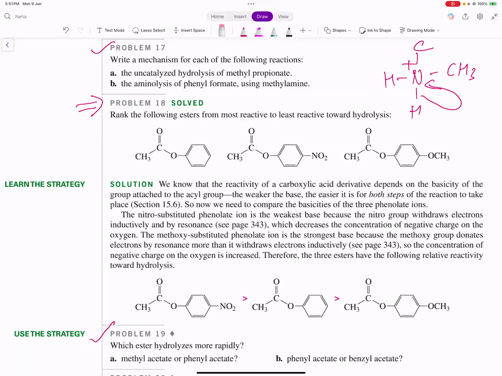Correct this. Then you go to 18 and then go to 19. Yes, I went through 18 and 19. Okay, then do the 19.